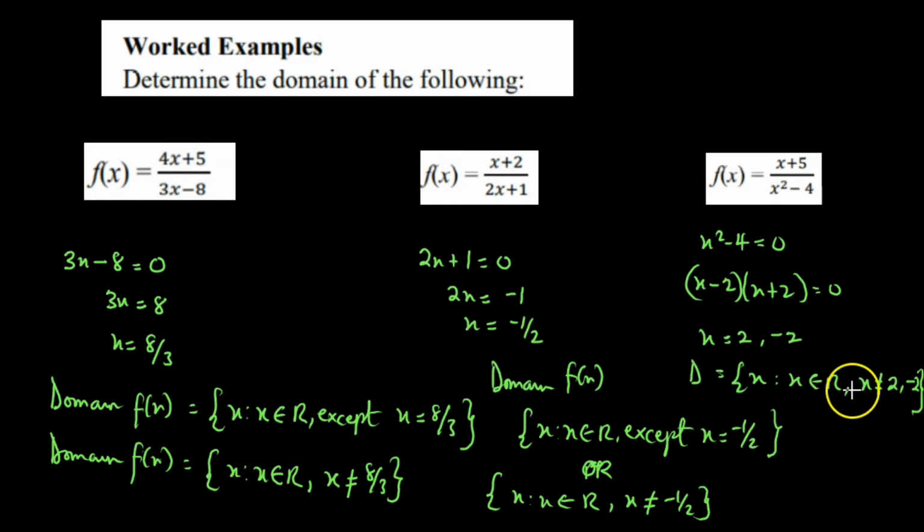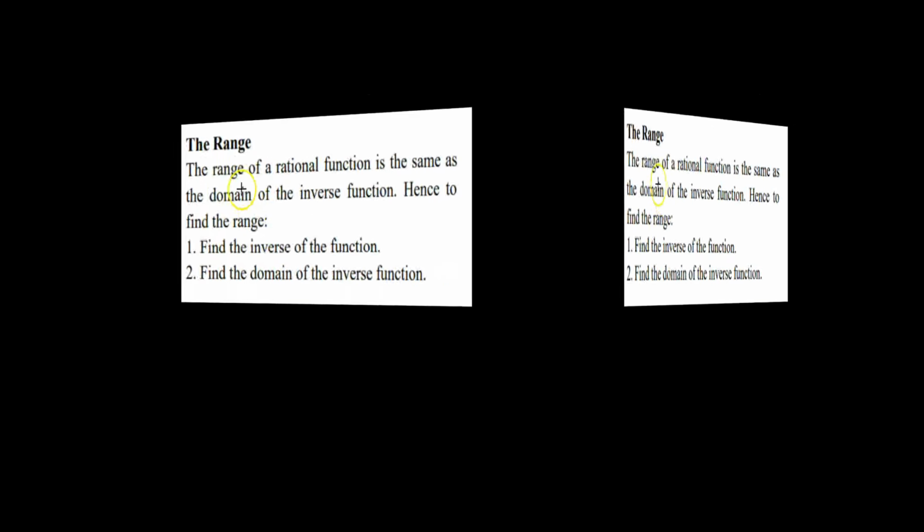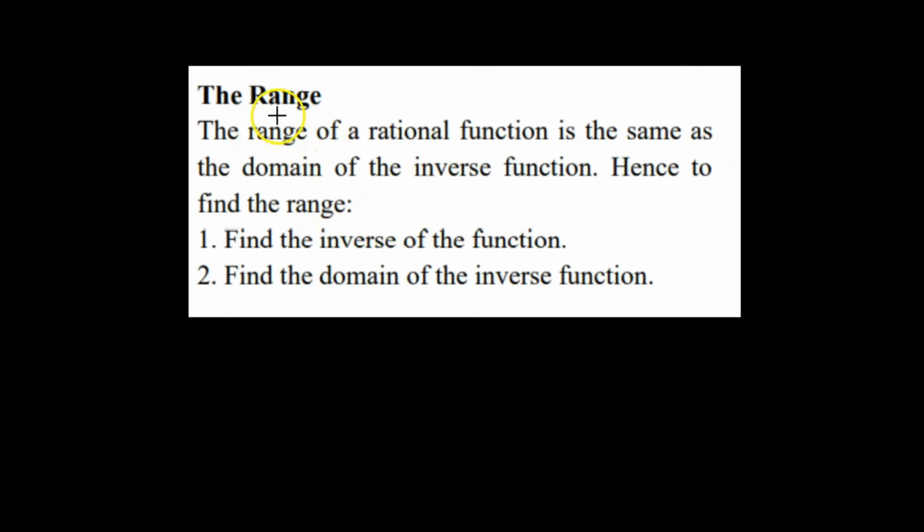Remember, you can use except. When you use except, then you have to go for x equal to 2 or x equal to negative 2. I believe you've been able to understand how to state the domain of a rational function. Going further, we have to look at the range of a rational function.